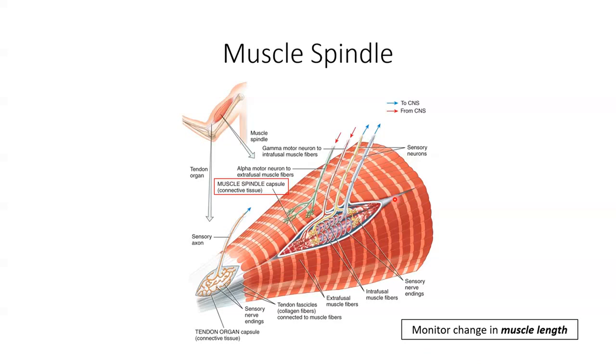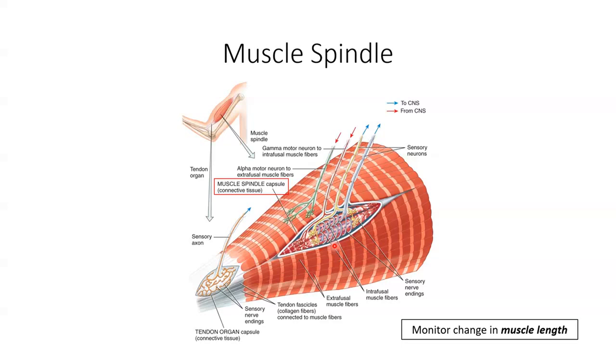A connective tissue capsule, which you can see in white around here, encloses those sensory nerve endings, making muscle spindles a type of encapsulated nerve ending. Now, the main function of our muscle spindles is to measure muscle length, or how much a muscle is being stretched. And either quite sudden or prolonged stretching of our intrafusal muscle fibers can stimulate this type of receptor.